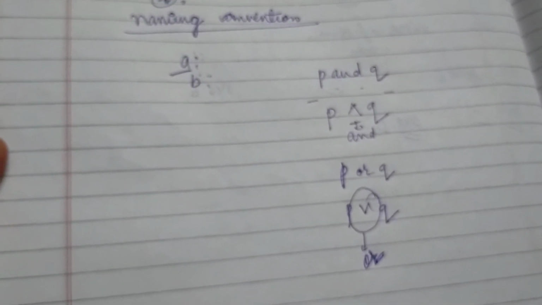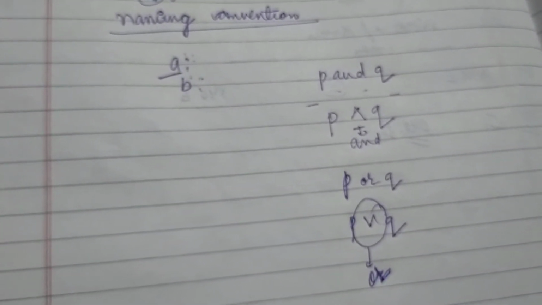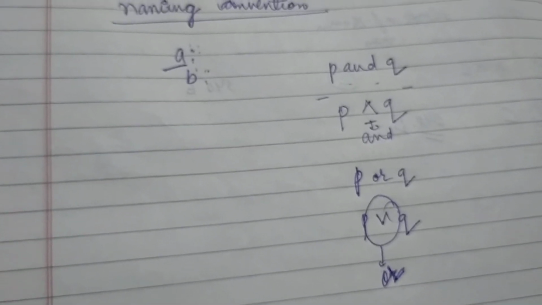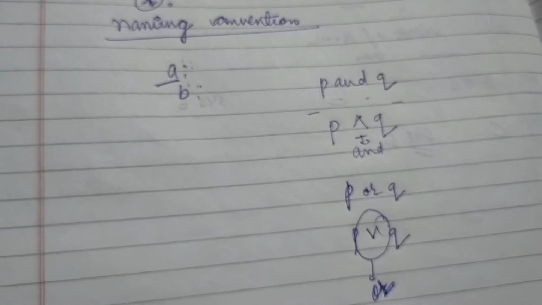And this is for P or Q. This is the symbol for or. So you need to learn these conventions. First we learned how to name a statement, then how we represent and, or in mathematics.